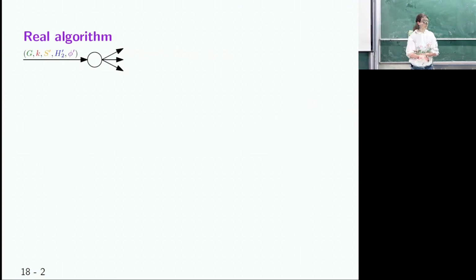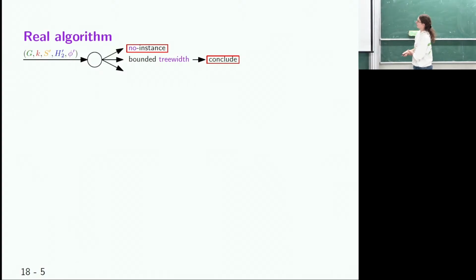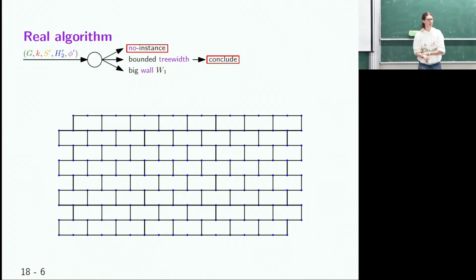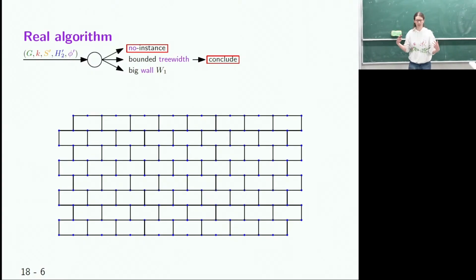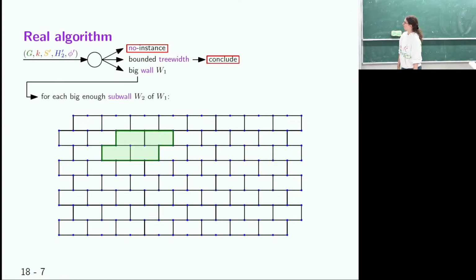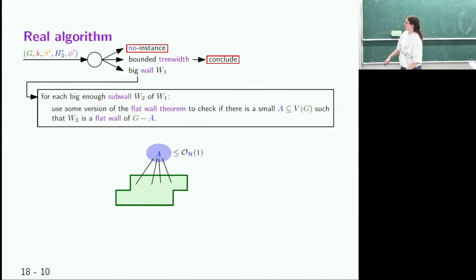And now we have an algorithm that says either this is a no instance, or this has bounded treewidth and we can conclude. Or you find a big wall. So here we don't find a big flat wall, just a big wall, which is less expensive for the running time.